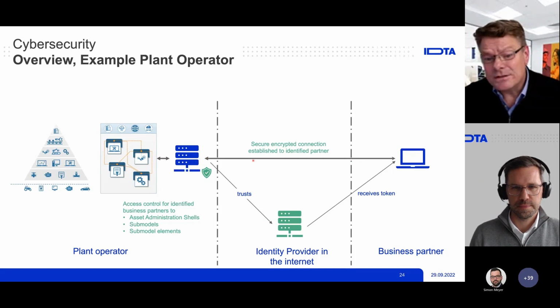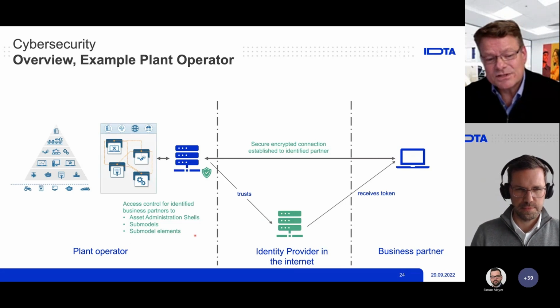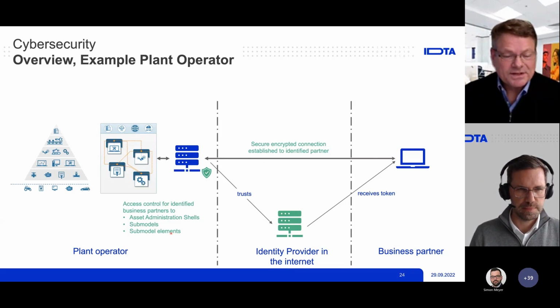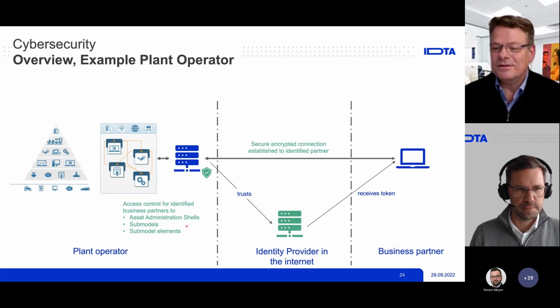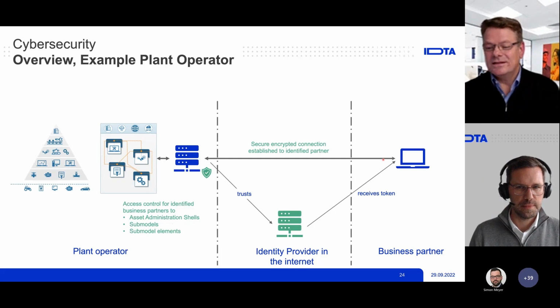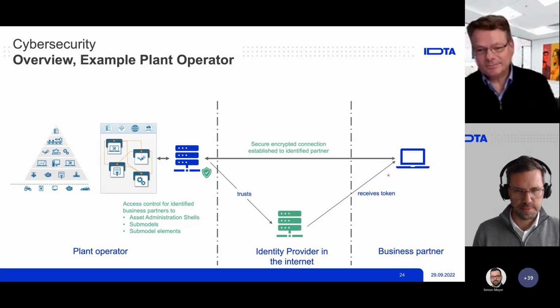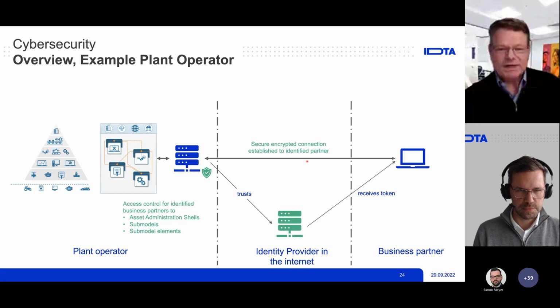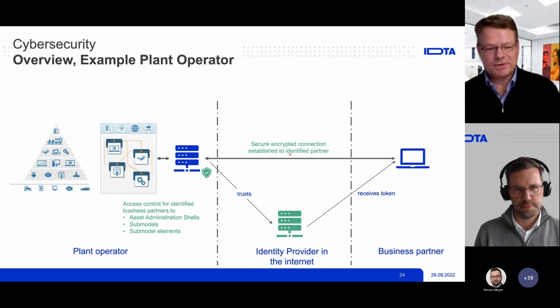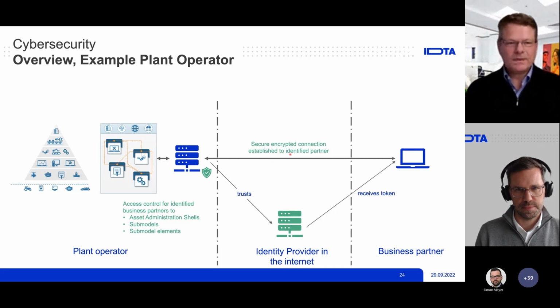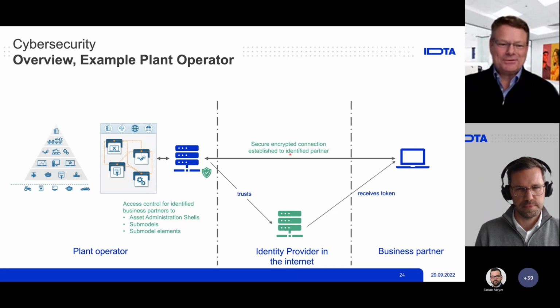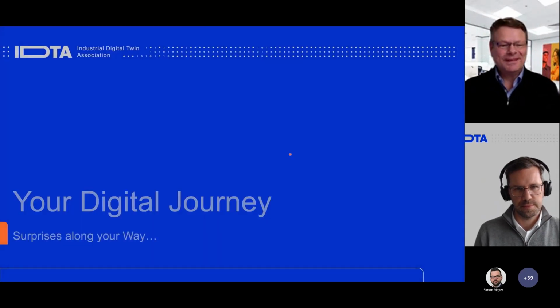And based on the token, that partner is identified, and the access to certain asset administration shells, submodels, or submodel elements is based upon the rights that this business partner has. And also the communication connections are encrypted, so it's not possible for a man in the middle to intercept this communication. So that is the 3 or 4 ingredients that we have.